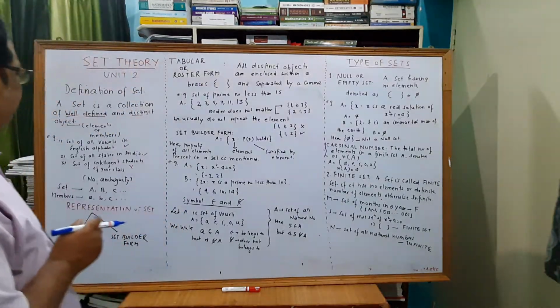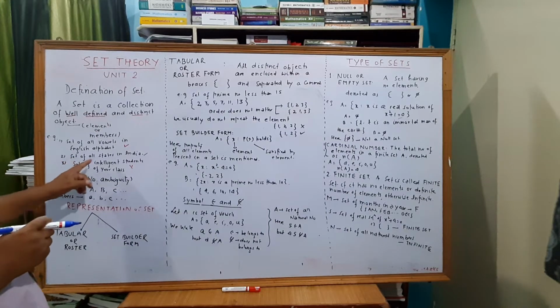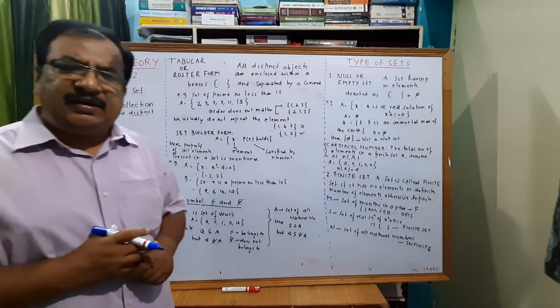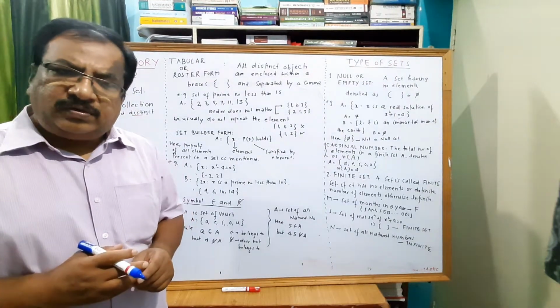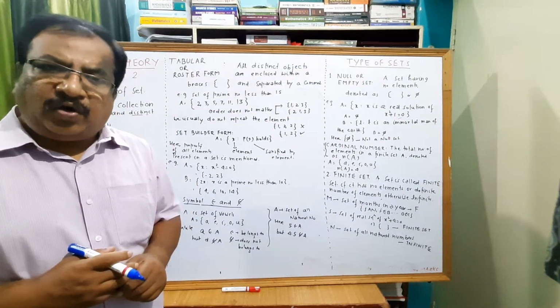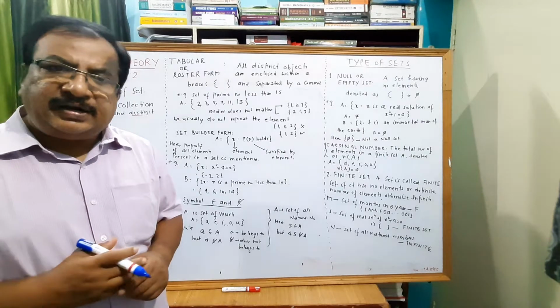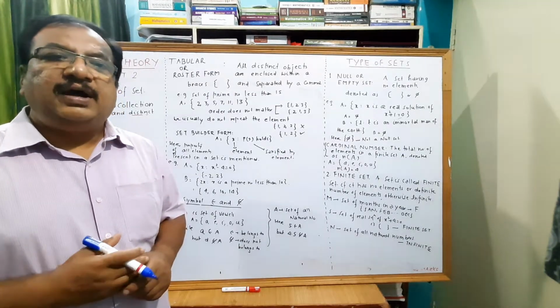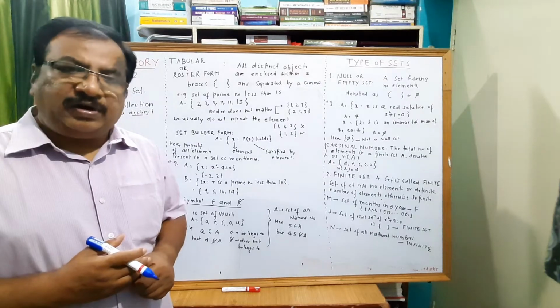For example, the set of all states in India. If someone asks whether Lucknow comes under this set, you will say no. If someone asks whether Rajasthan comes under this set, you will say yes.